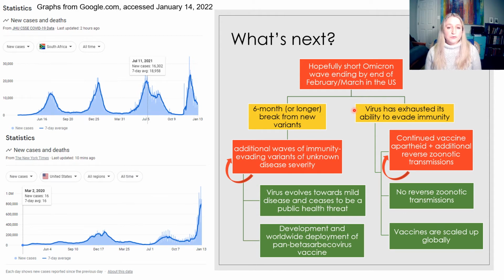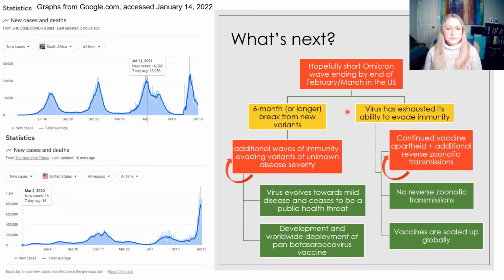Now, it's true that there are limits on how much viruses can mutate, because a mutation may help the virus to evade immunity, but the mutations may also destroy the functionality of that protein. So there's a bit of a balance, and the mutations are balancing between evading the immune response and not messing up the functionality of the virus.